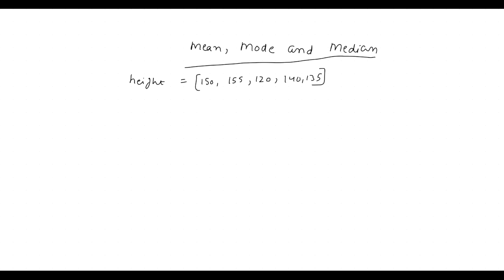Now, if you want to calculate the average height of the students, then you use the method mean. It is denoted with the mu sign, and the formula is the summation of xi divided by the total number of elements present in the data.